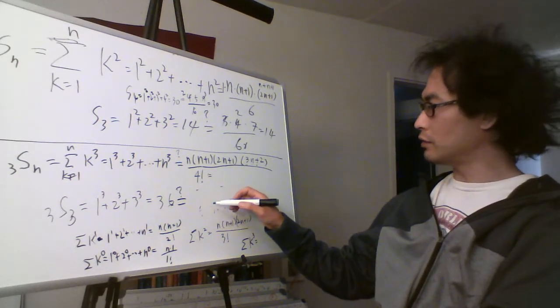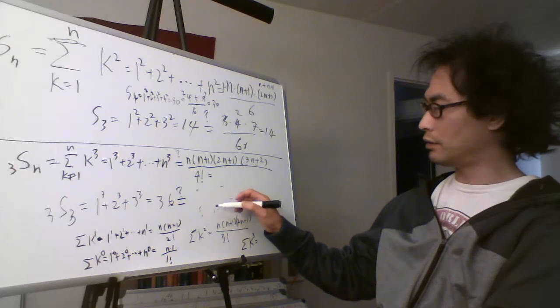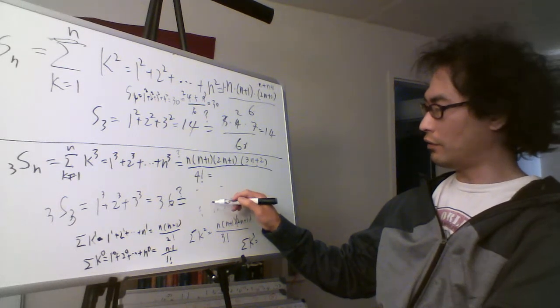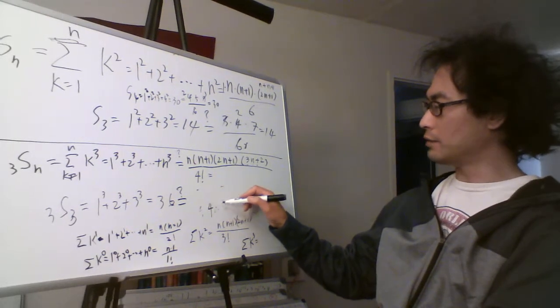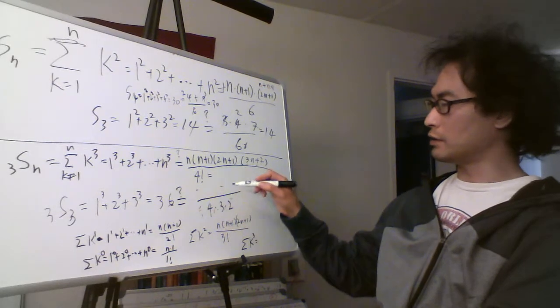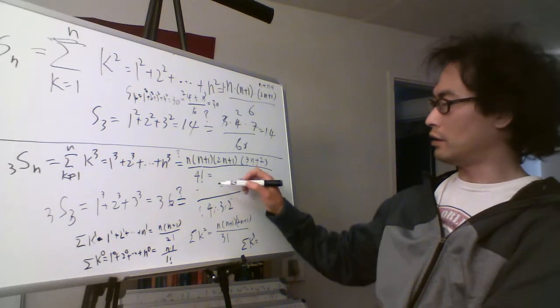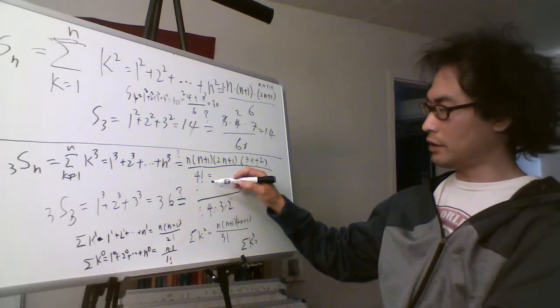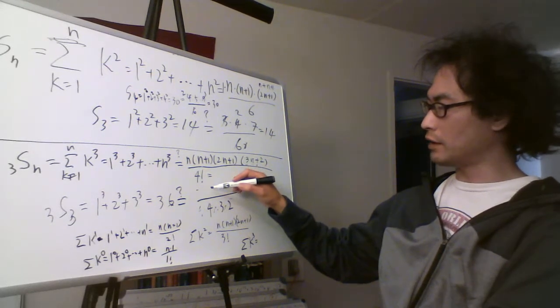You're 24, okay? So 4 times 3 times 2. And then you have 36, okay? So which is what? We're gonna have to reverse engineer, right? 36, 4 times 9, right?